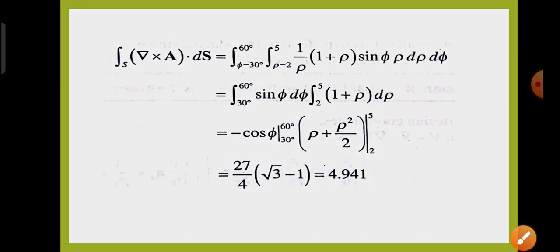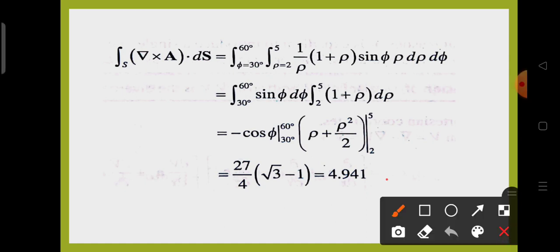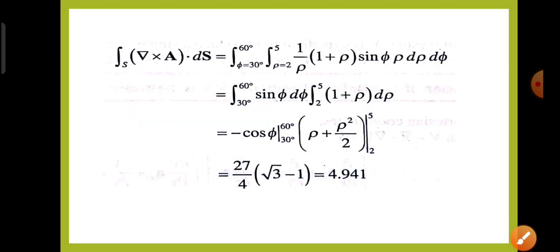This is equal to the line integral of A dot dl, which is the left hand side of Stokes' theorem. Now we can say the line integral of A dot dl is equal to the surface integral of curl of A dot ds.